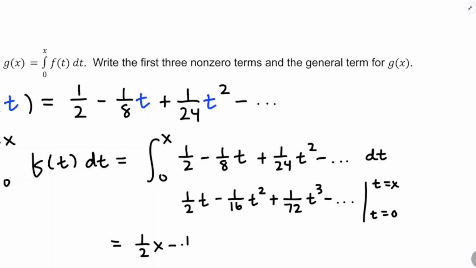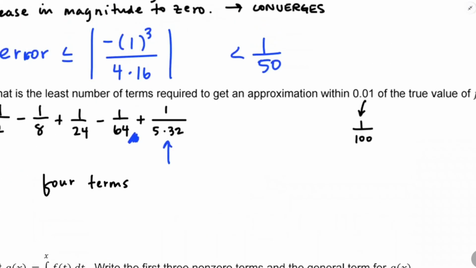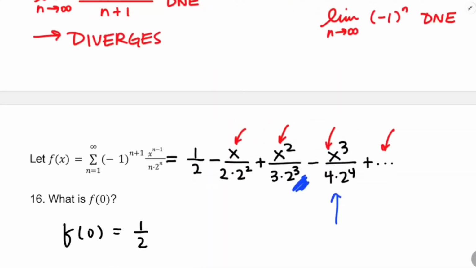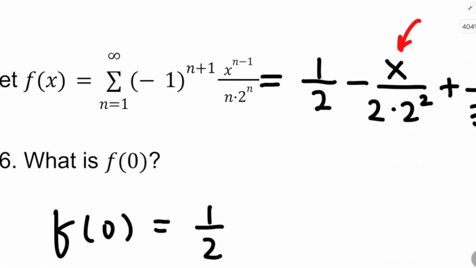Minus 1/16x squared plus 1/, I can't figure out the pattern with the numbers though, x to the third minus ... It said the first three terms and the general term. So I'm going to go back over here to the general term and try to take the antiderivative. And you might be thinking, oh goodness, that looks much harder than any antiderivative we've needed to take.